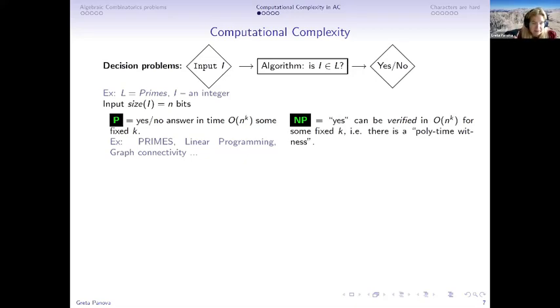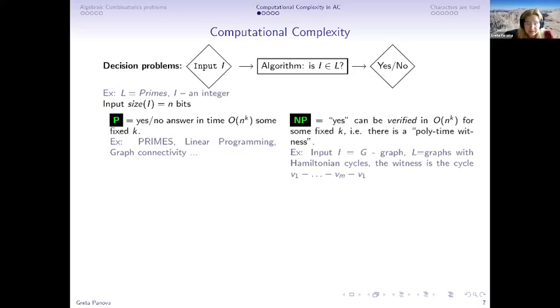But I think the easiest way to see it is on an example. So among the NP-complete problems, one of them is to find a Hamiltonian cycle. If you just have the graph and you try to find if it has a Hamiltonian cycle, whatever you do at this point, you're going to do an exponentially long search, exponential time.